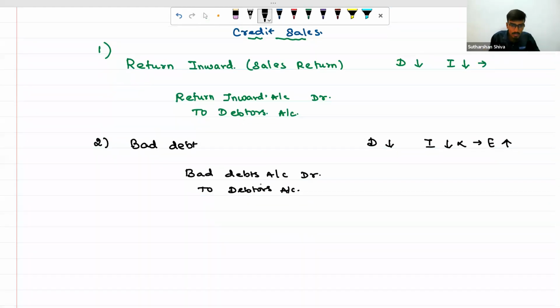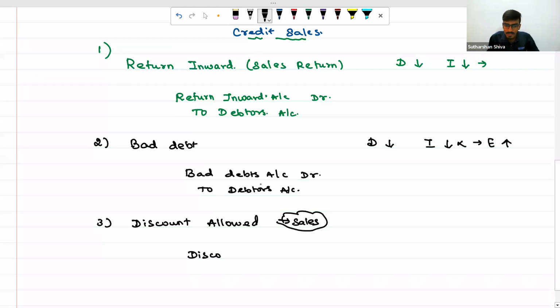Then the third one, there can also be a possibility that a discount can be allowed, because I am making sales. Whenever sales come into the picture, it is nothing but discount allowed. This discount allowed is again an expense for the seller.